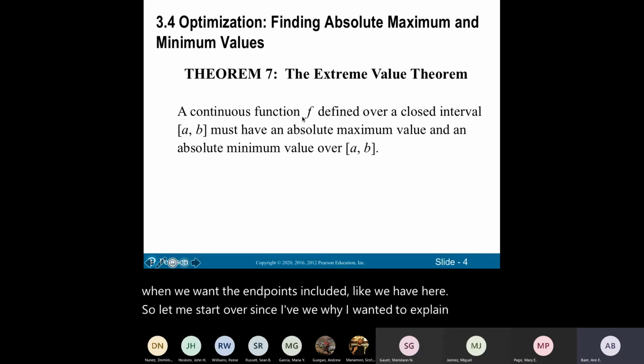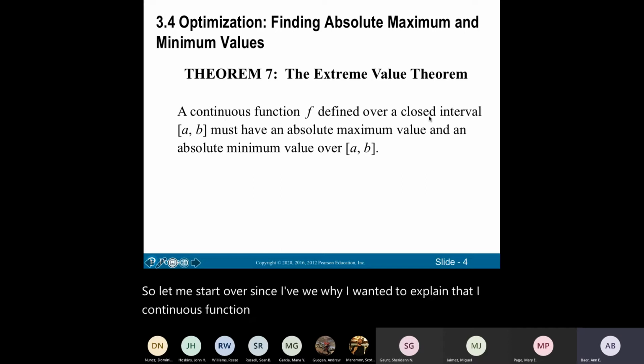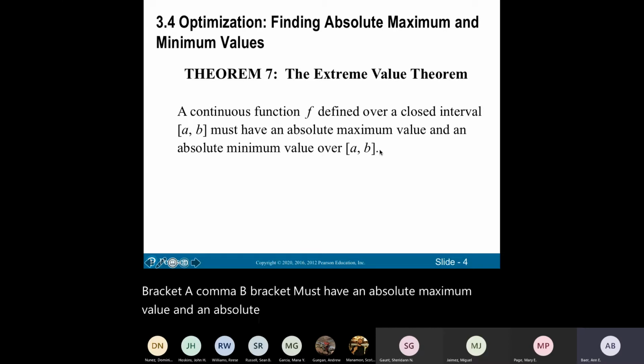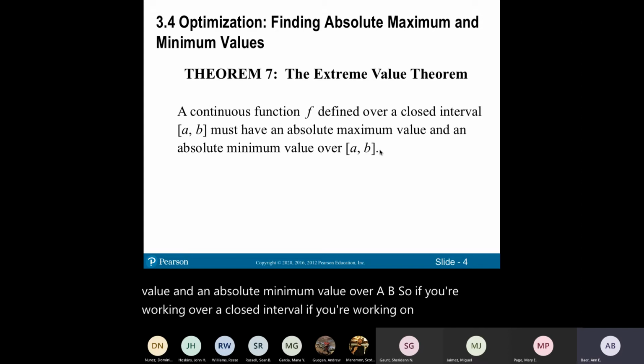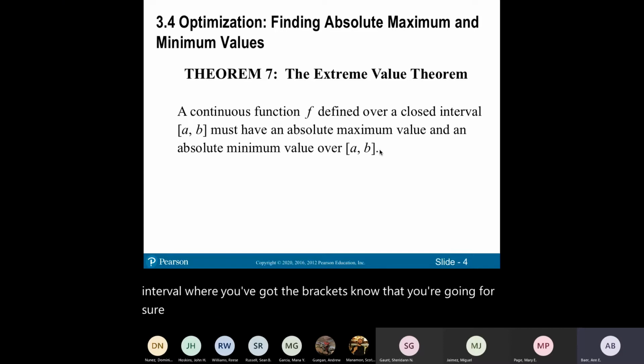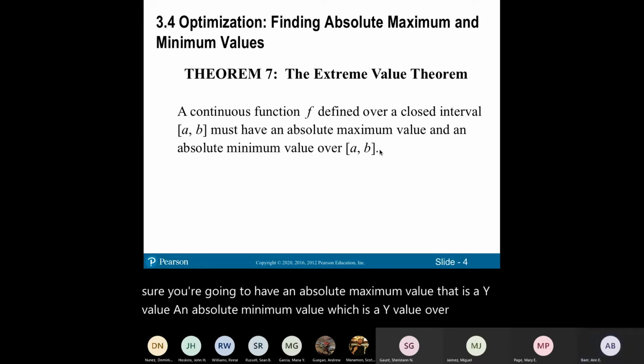A continuous function f defined over a closed interval, bracket a comma b bracket, must have an absolute maximum value and an absolute minimum value over [a, b]. So if you're working on a closed interval where you've got the brackets, you know that you're going to have an absolute maximum value, that is a y value, and an absolute minimum value, which is a y value, over that interval.